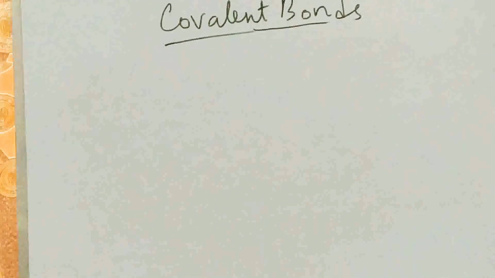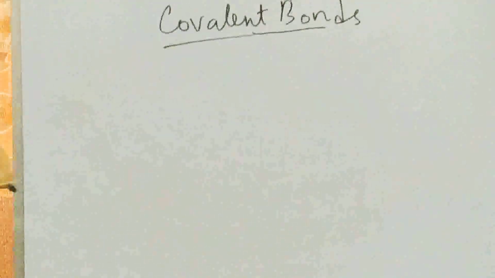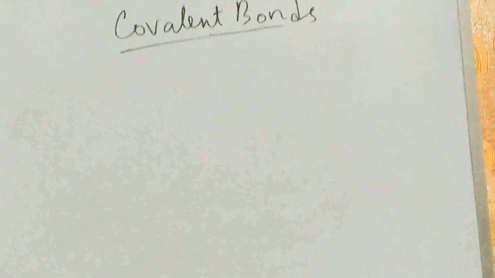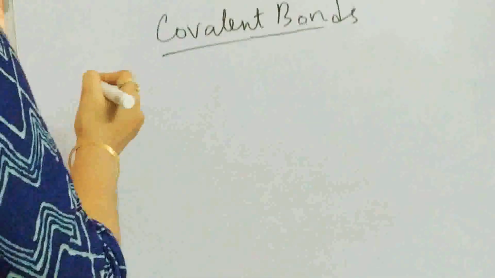Now, what are the characteristics of covalent bonds and covalent compounds? What are covalent compounds? Covalent compounds are those which are formed by covalent bond formation. The atoms are linked together by covalent bonds, so those are known as covalent compounds. What is the nature of covalent compounds?